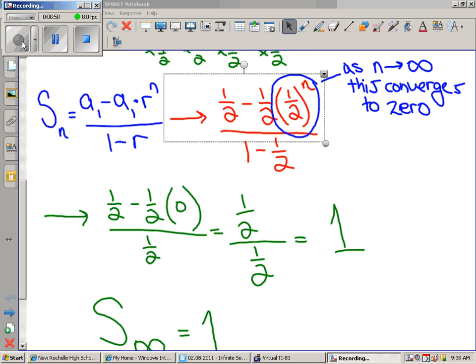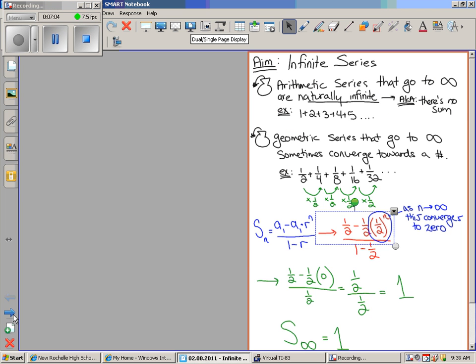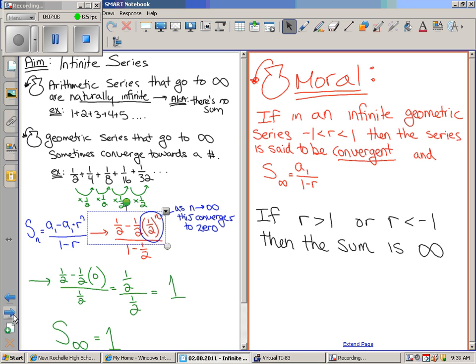Skolnick just asked, is this going to happen every single time? And it was a great question. Because here's the moral of the story. If you have a geometric series and it turns out to be infinite, then as long as r, the ratio that you're multiplying, is between 1 and -1, in other words, it's a fraction smaller than 1 and also bigger than -1, then it will converge towards a particular number.